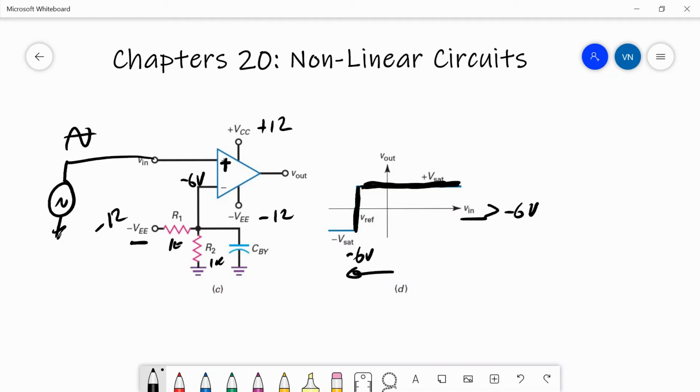The upper transistor turns on, and you get the maximum positive voltage out. And if you go below minus 6, so if you go to minus 5.9999, then the positive terminal will be less than the negative terminal, and you will get the most negative voltage out. So it's exactly the same as the comparator with a zero reference, except we've changed the reference voltage.